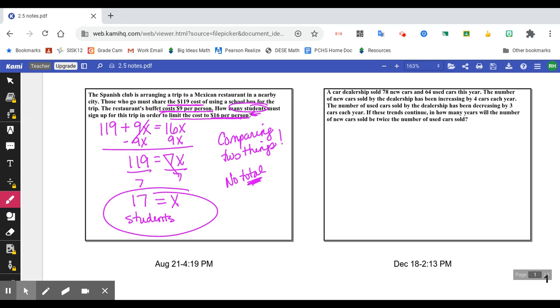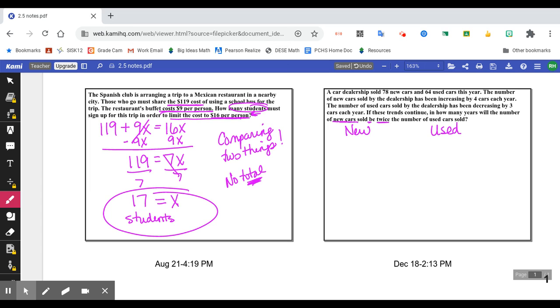So we are comparing in this one again, and we want to know when new versus used, right? Now it says, in how many years will the number of new cars sold be twice the number of used cars sold?